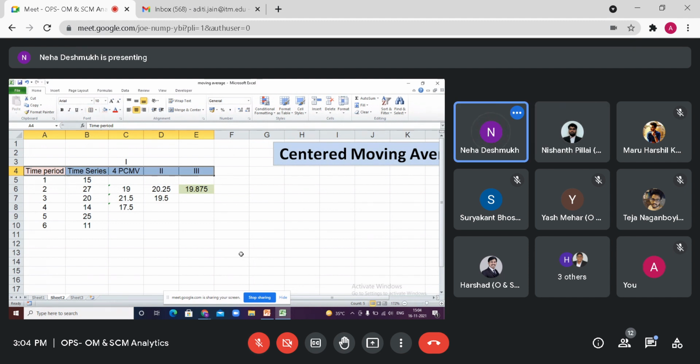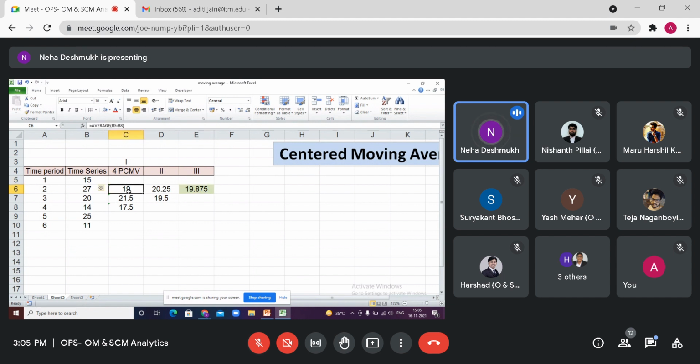Ma'am, in the third stage, what do we have to do? Third stage: average of the first two values, then the average of the next two values. Ma'am, can you repeat overall once again? This is the time period, and these are the time series values, and we calculate the centered moving average for the 4 period moving average. First calculate the 4 period moving average.